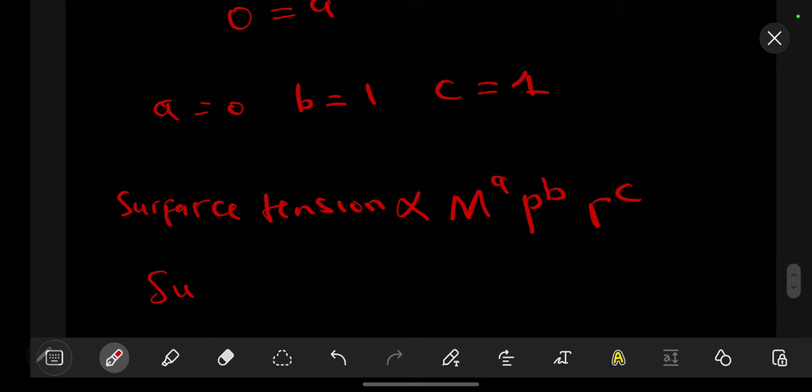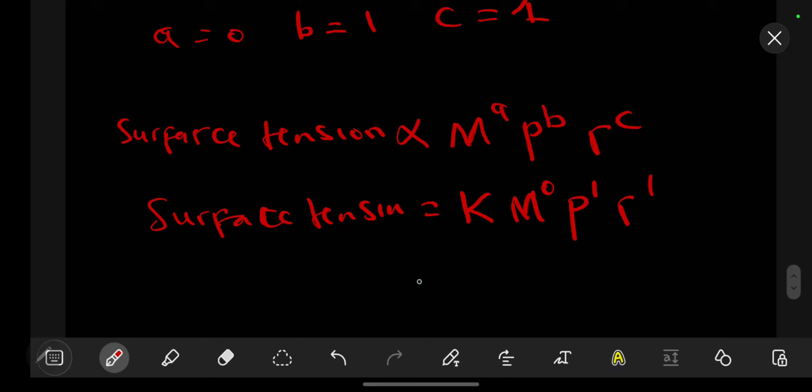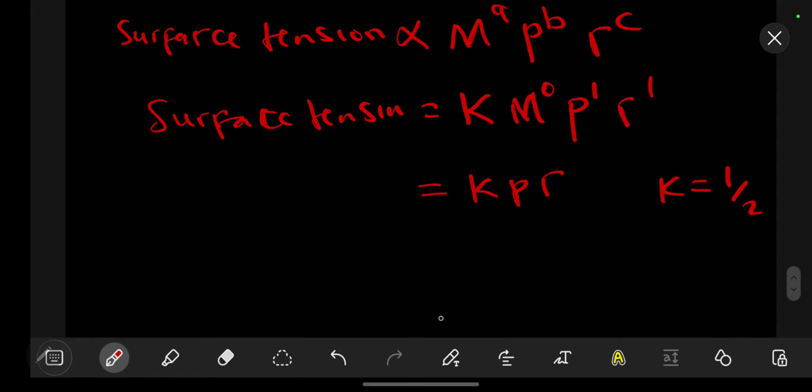So what we are going to do is substitute. First we have the surface tension. Surface tension should be equal to K, constant. Then we have the mass to the power A, which is 0, pressure to the power 1, radius to the power C. So we have K P R, but we know that K is equal to half, so we can put our half, then we have P R. We can even go further.